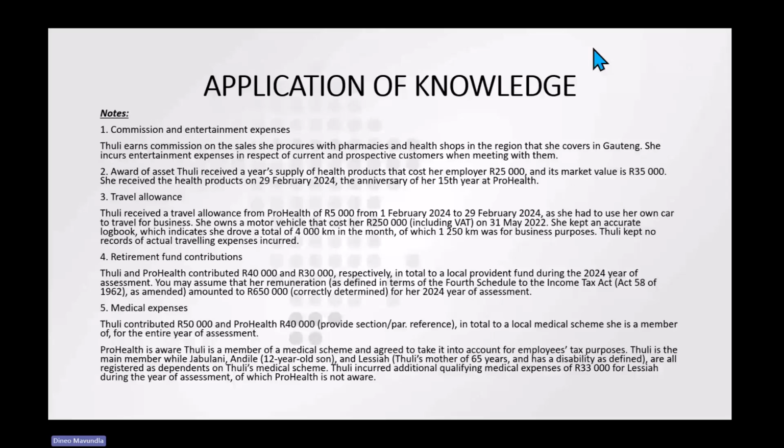She received the health products on the 29th of February 2024, and this is the anniversary of her 15th year at Pro Health. How would we then treat this award, and what amount are we going to use as the value?